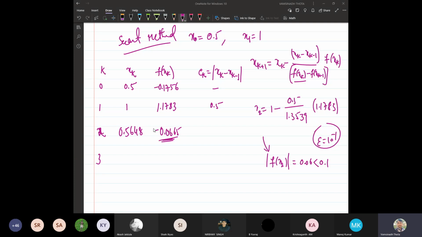Abhinav said x3 is 0.5672. f of x3 is 0.0002.